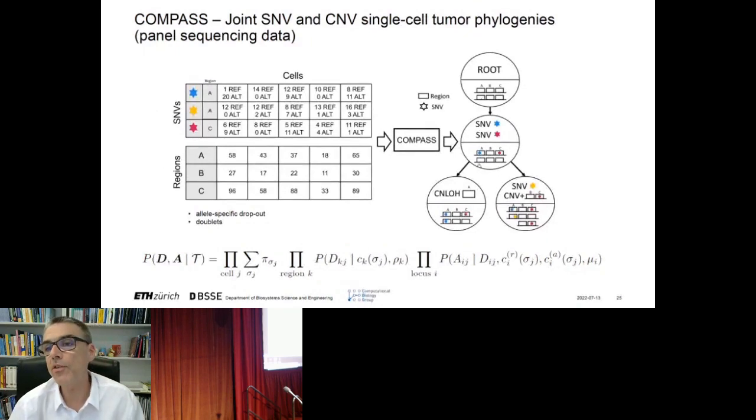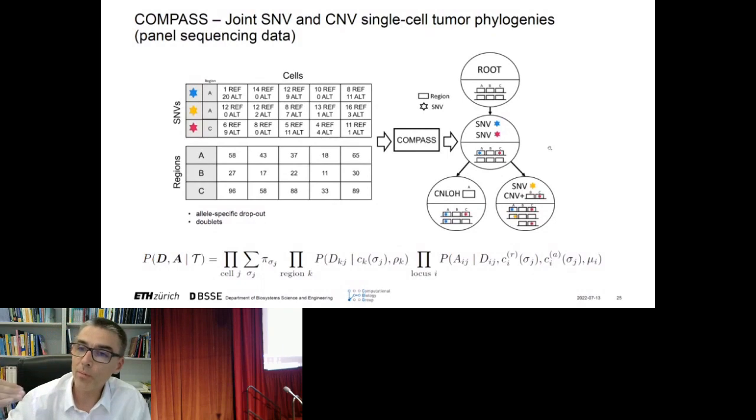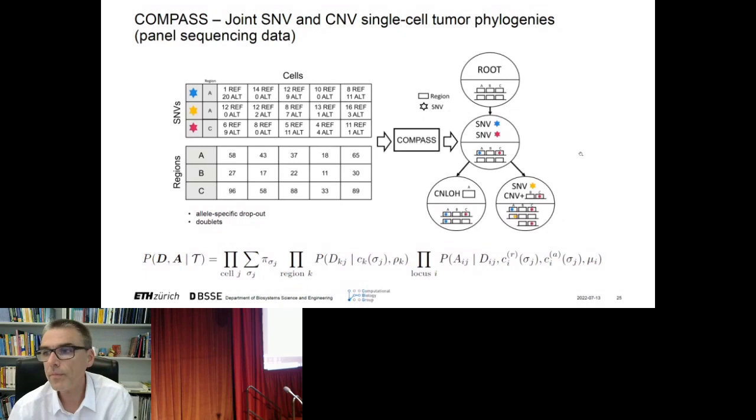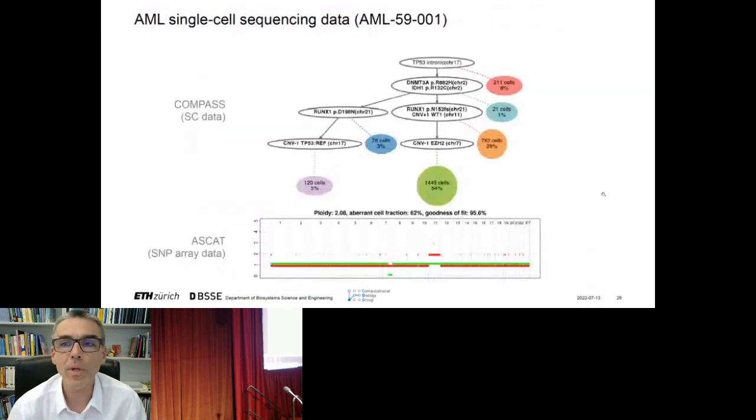So now the event tree accounts not only for copy number changes, but also for SNVs, for point mutations. And in particular, we now have a notion of allele-specific mutations in that model. And just to show you what can be done now, well, the first thing is maybe obvious. So here's one such phylogeny for a particular AML sample, where most of the cells have gone through this particular history.